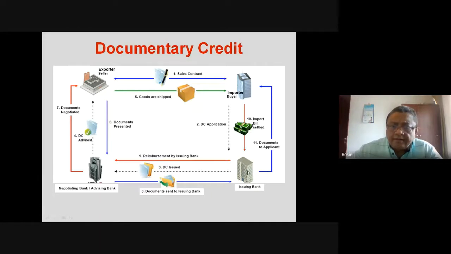Understand? So the LC, unlike a normal LC where he has to ship the goods and get the money, in this type of LC, with the LC being advised to him, he has a right to draw about $10,000 from the LC before making the shipment.